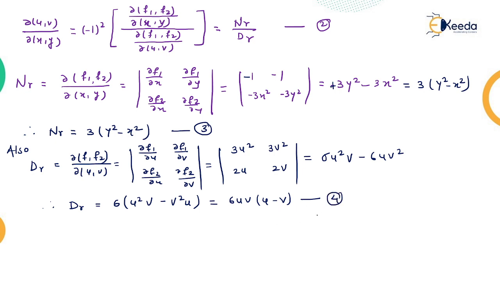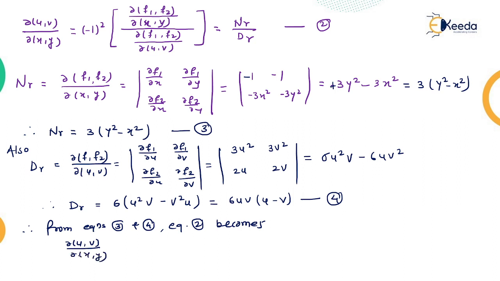So from equations 3 and 4, equation 2 becomes: ∂(u,v)/∂(x,y) equals numerator upon denominator, with minus 1 whole square.